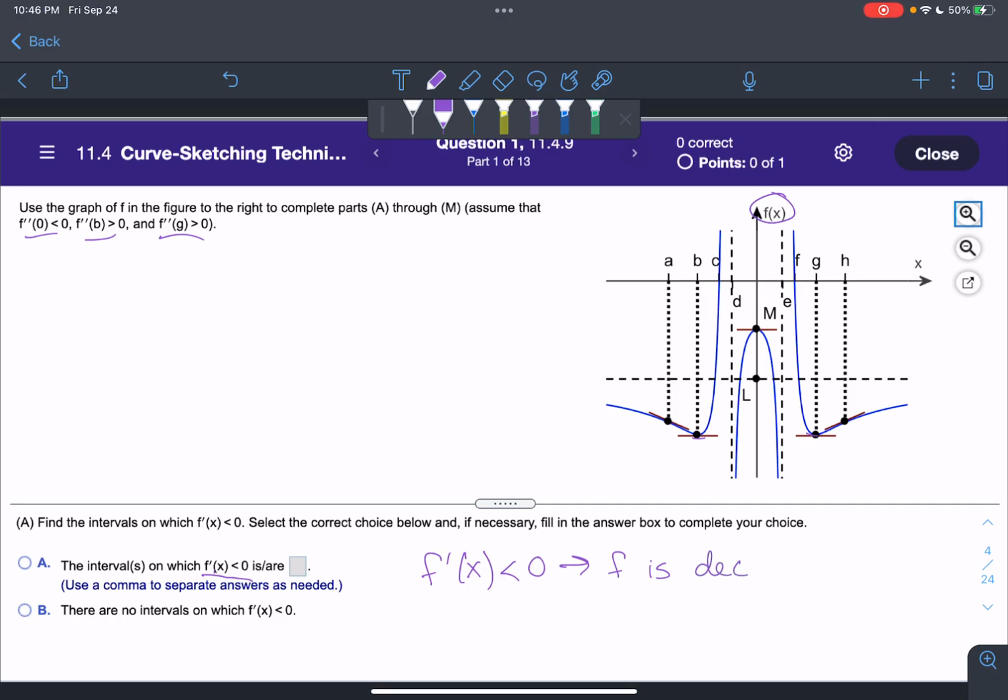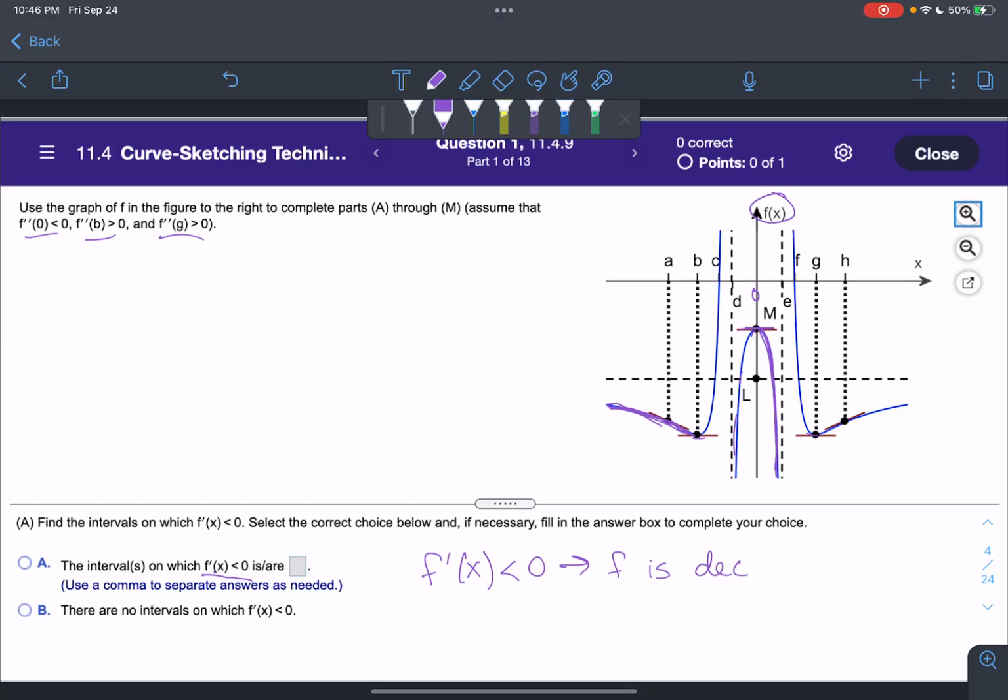So let's look at our graph. If we go from left to right, we're decreasing on this interval, then we go increasing, increasing. We're decreasing here on this interval from 0 to e. That m is referencing this height, I imagine.